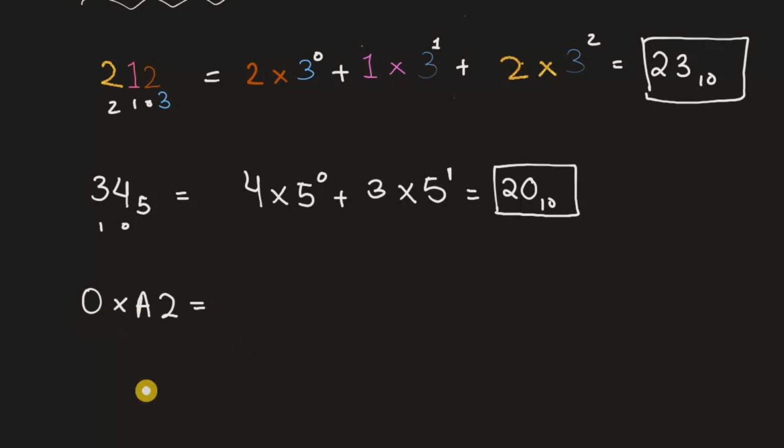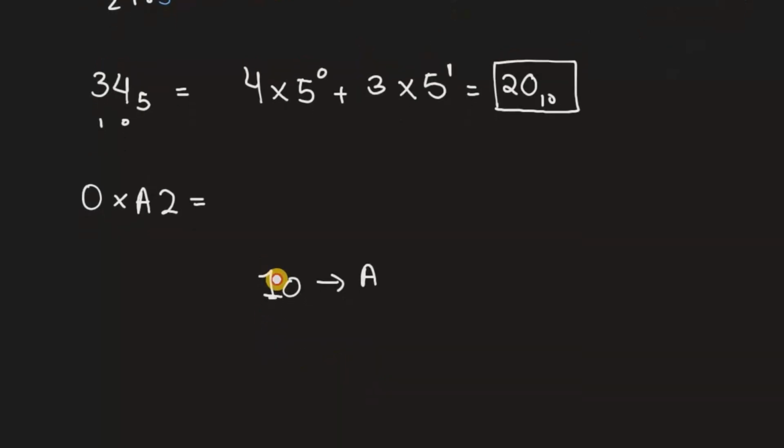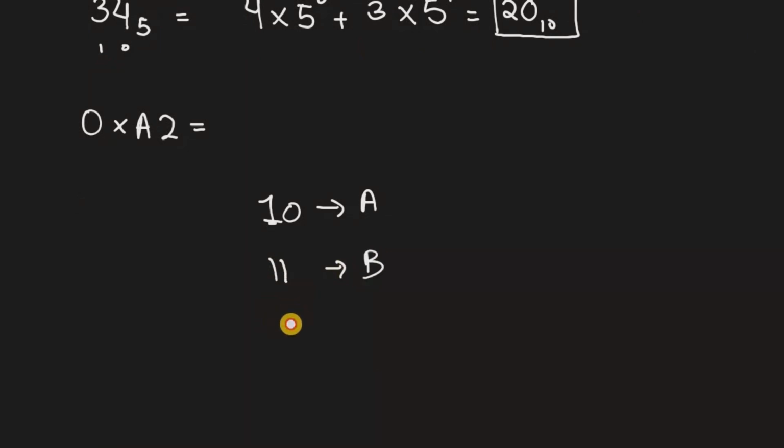Every time you have numbers like 1, 2, 3, 4 and so on until 9, and then after 9, 10 in hexadecimal is represented as A, 11 is B, 12 is C, 13 is D, 14 is E, and 15 is F. So just remember this: A, B, C, D, E, F. That's how you represent these numbers in hexadecimal.